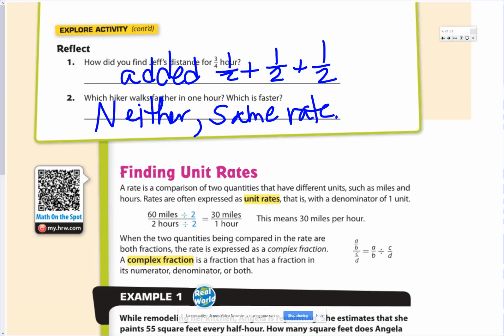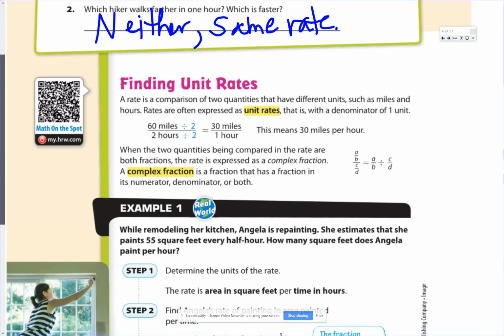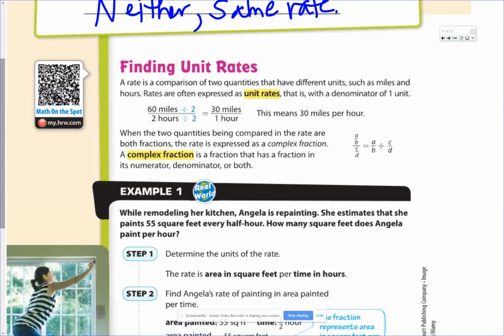Now, it'd be nice to be able to draw a picture every time, but sometimes, frankly, it's just not convenient. So sometimes we yield to the good old calculator to help do our work for us. It's really helpful to make sure we're finding the unit rate, meaning we're getting a fraction over 1, because then we can do some comparing. So take a look at this next example.